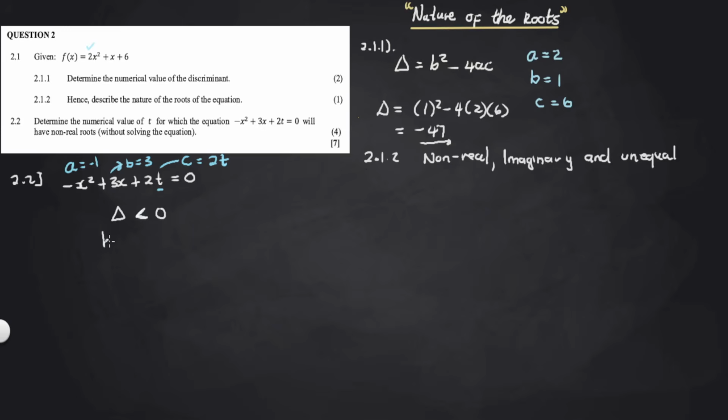The discriminant is b squared minus 4ac less than 0, not equal to. So b is 3 squared minus 4, what is a? That's minus 1, and then c is 2t, less than 0.